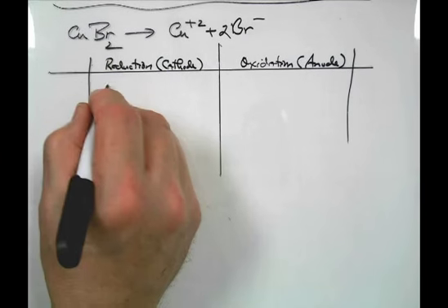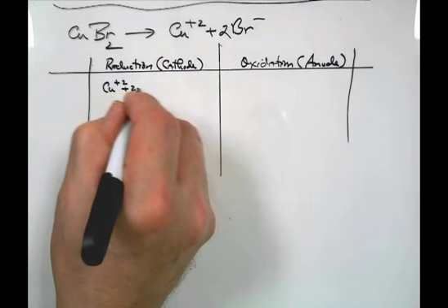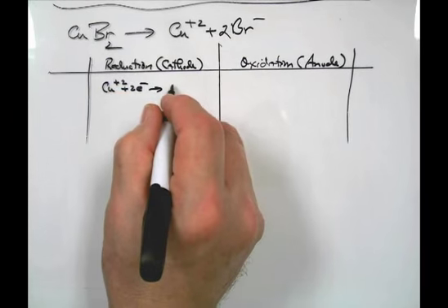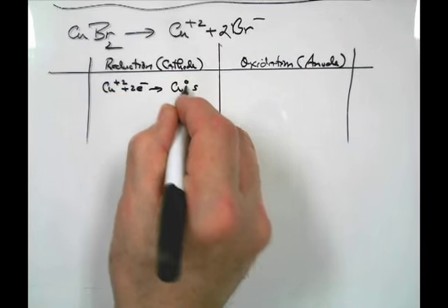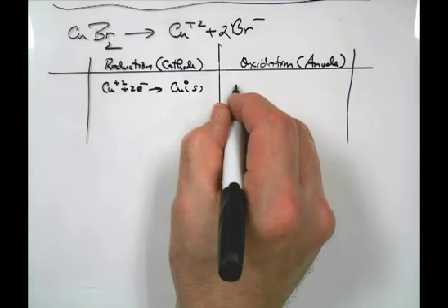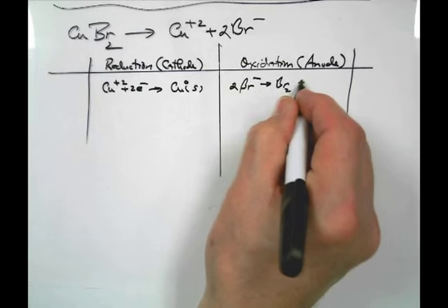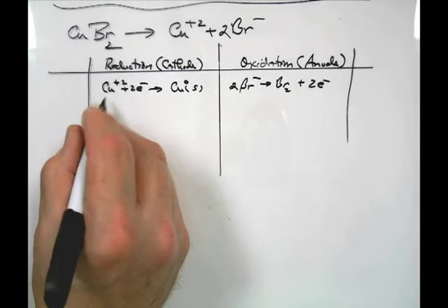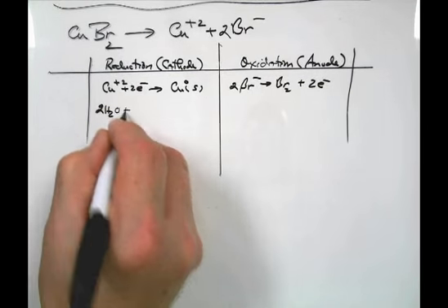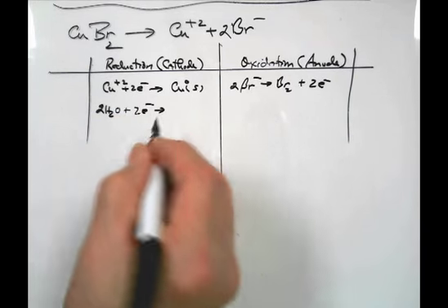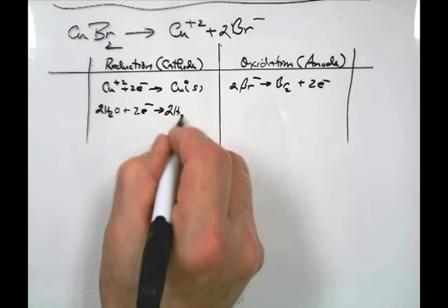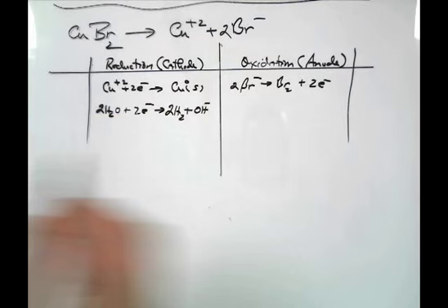So we've got copper plus 2 electrons going to copper solid, and then 2 bromides going to bromine plus a couple of electrons. Then we have 2 H2O plus a couple of electrons goes to H2 plus OH minus.